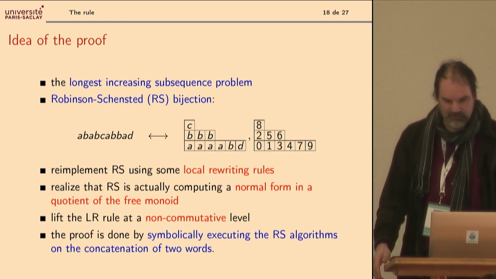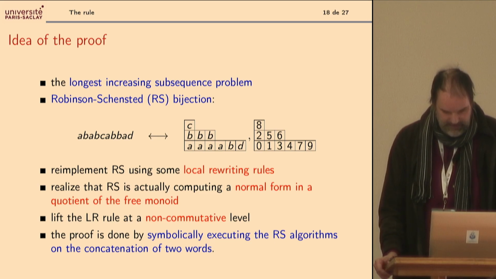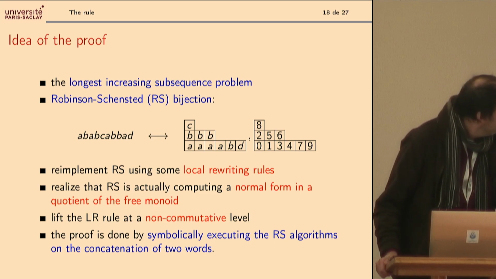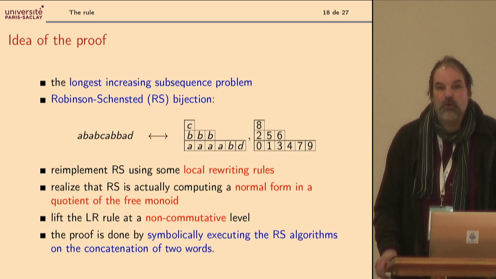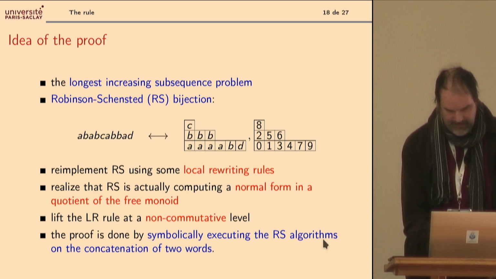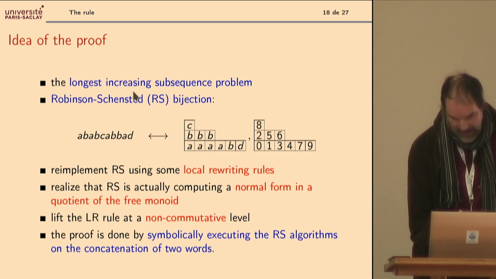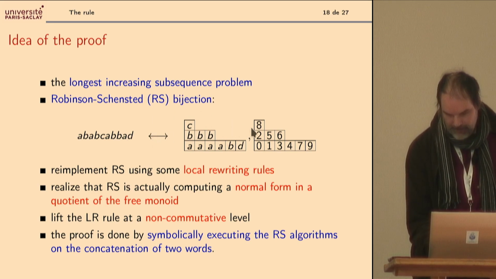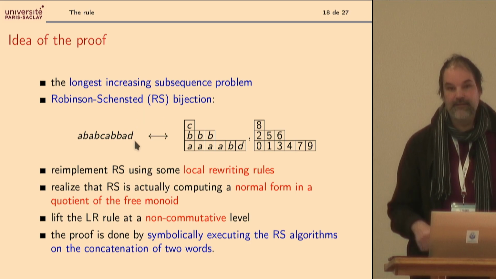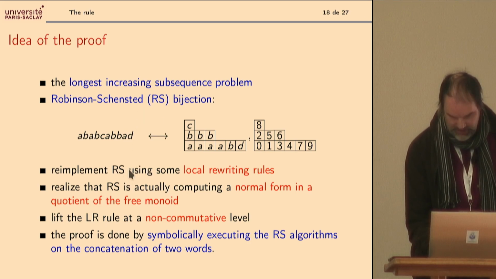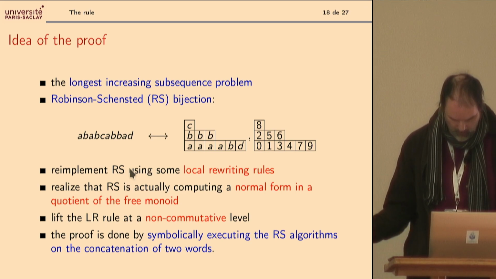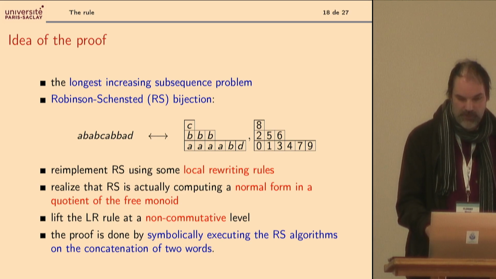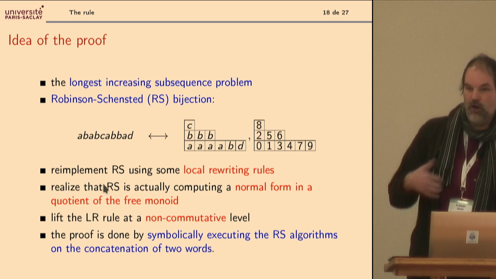And how is it proved? It's proved using the longest increasing subsequence problem. I will give a little detail here. There is a bijection between words and pairs of tableaux. And this bijection, we prove, is computing a normal form in a quotient of the free monoid.